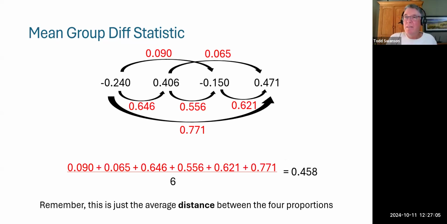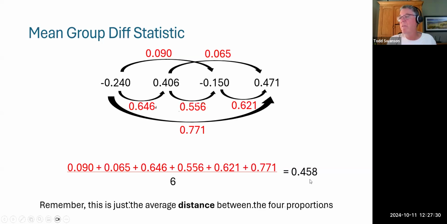All right, still on that 3rd step of exploring the data, we need a statistic, and that's that mean group diff statistic. We had our 4 means here. They kind of look like proportions, but they're all means, these 4 means, and there's 6 ways we can pair them up. So I've got my chart, I've got these 6 differences, and find the average of those differences.